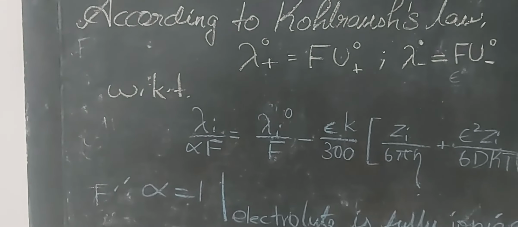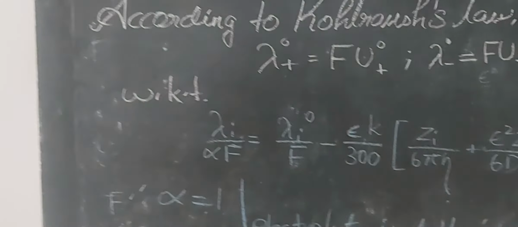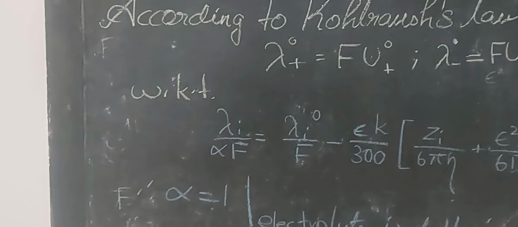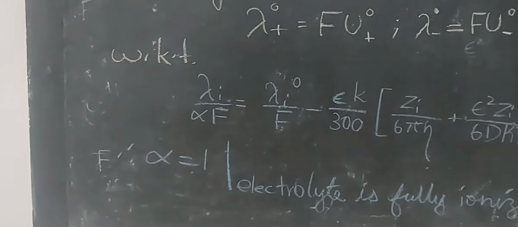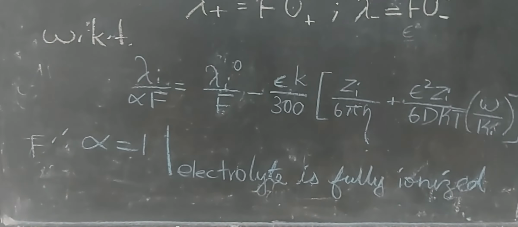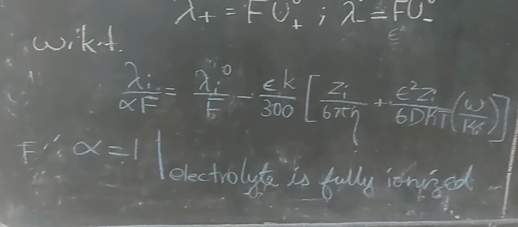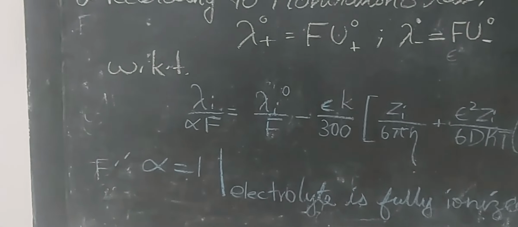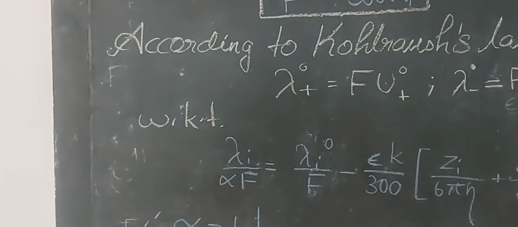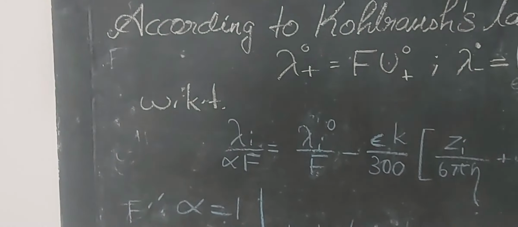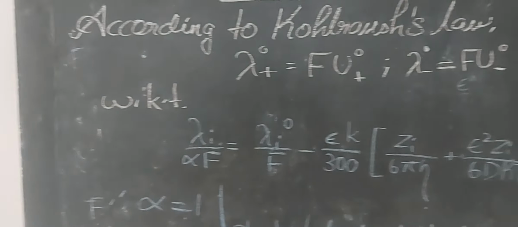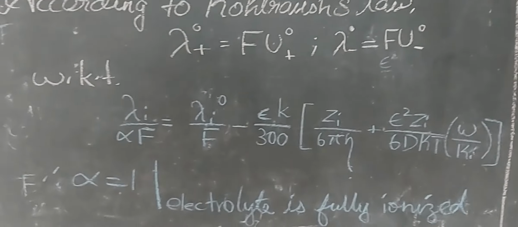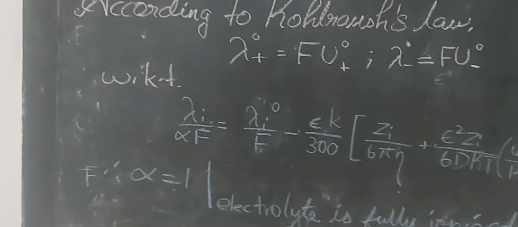Alpha is the degree of dissociation. What is the dissociation process in the solution which we are proceeding? In this, the electrolyte is fully ionized. So we will get the alpha equal to 1 value. So we will get alpha lambda_i divided by f equal to lambda_i naught divided by f, and the terms which we saw. So I want lambda_i.